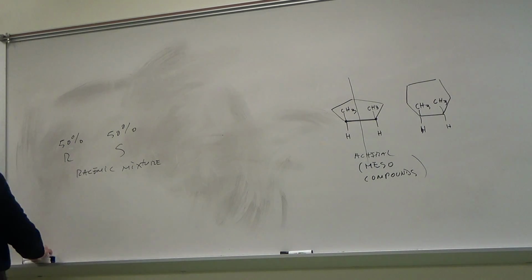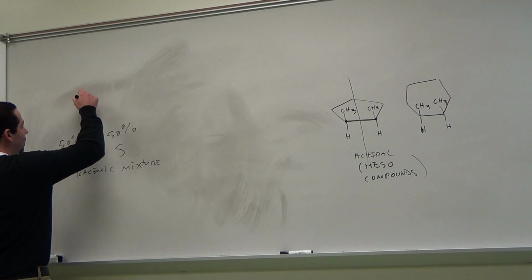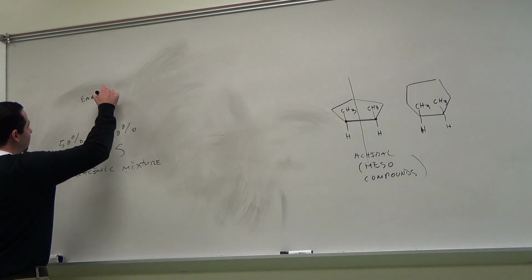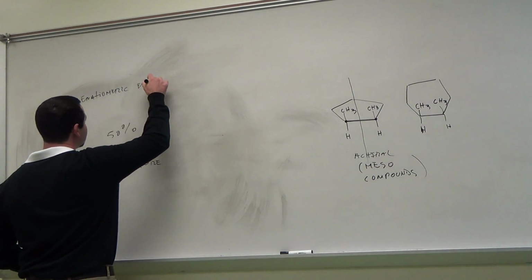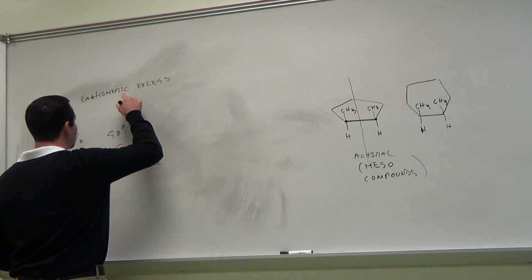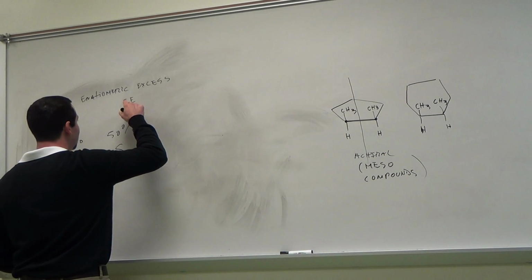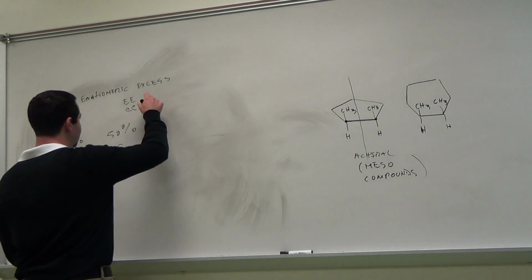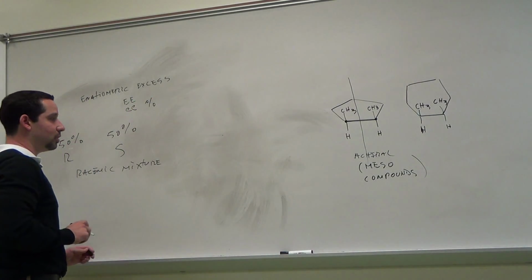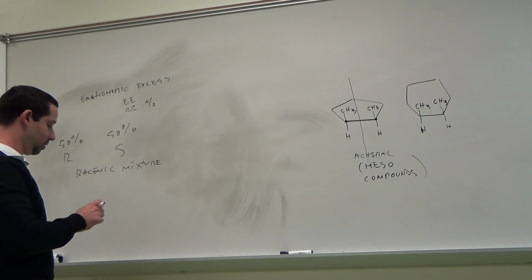All right. So that is called a racemic mixture when you have 50% of each of them. There is something called an enantiomeric excess, sometimes EE or lowercase ee. Enantiomeric excess is at times given in percentages.